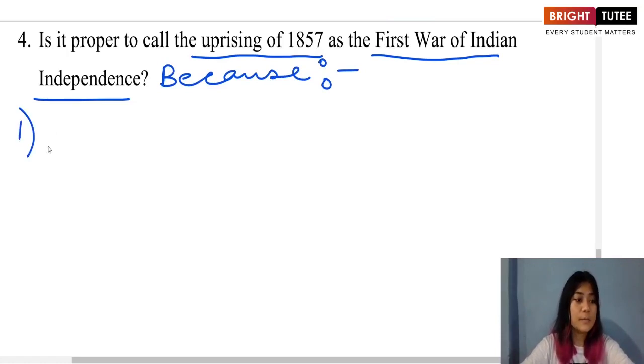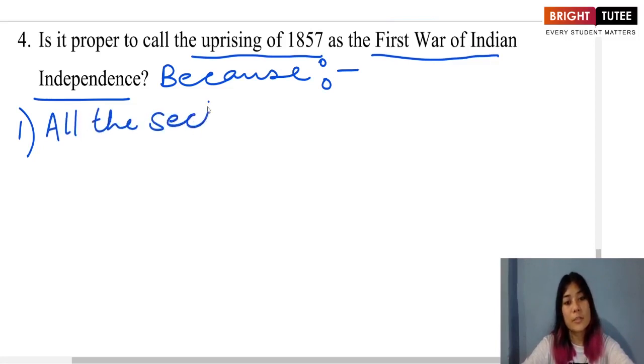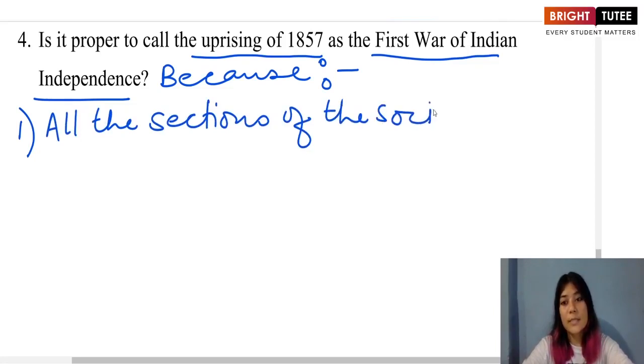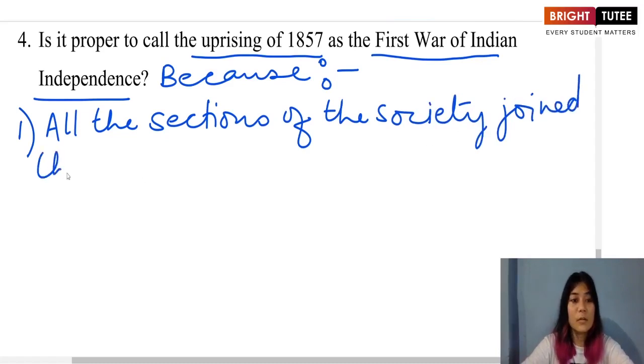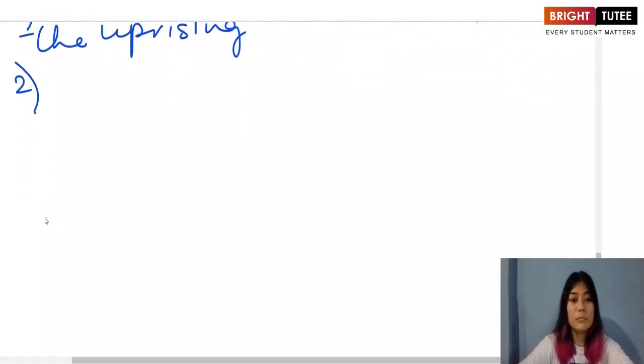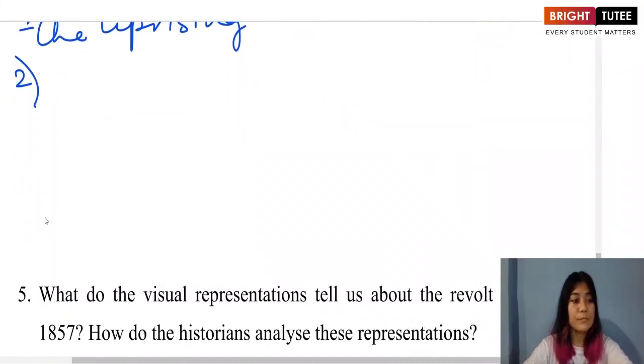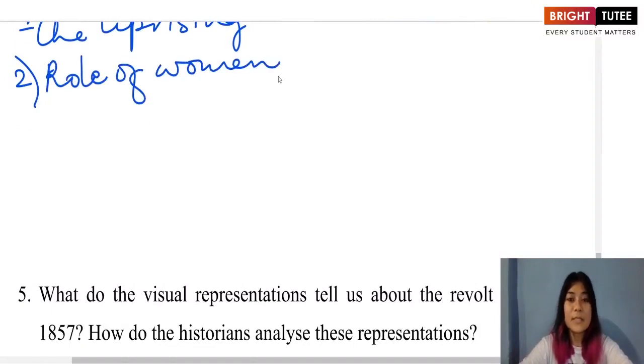Number one, all the sections of the society joined the uprising. Number two, the women also participated in this uprising along with the men.